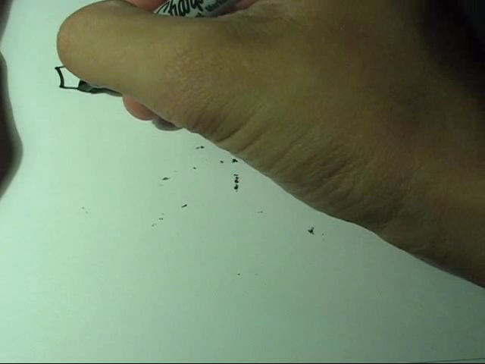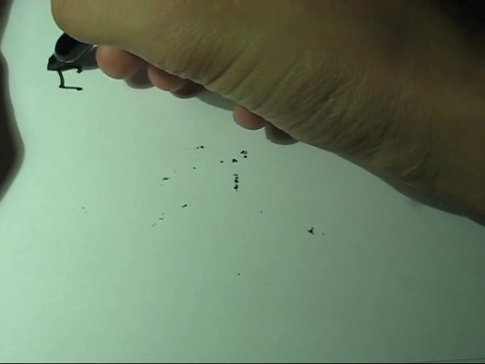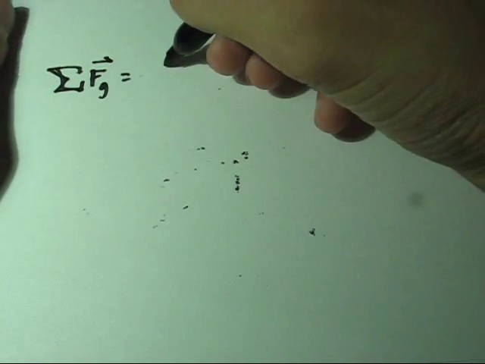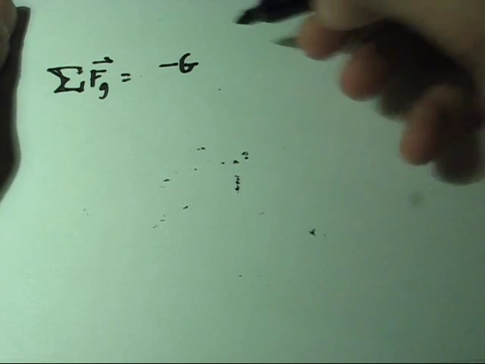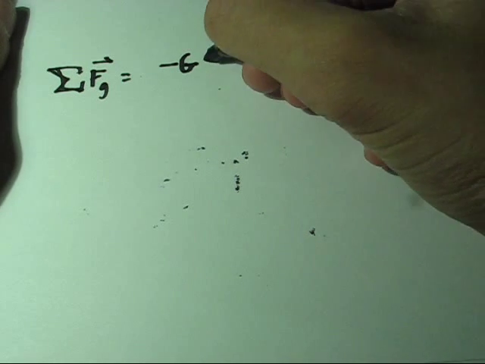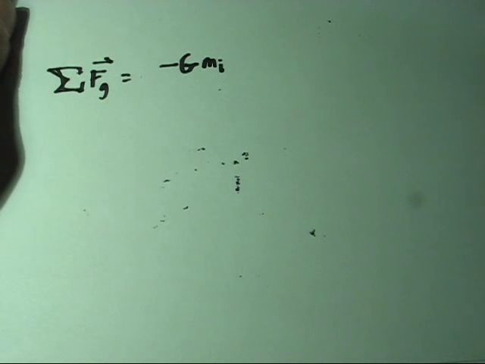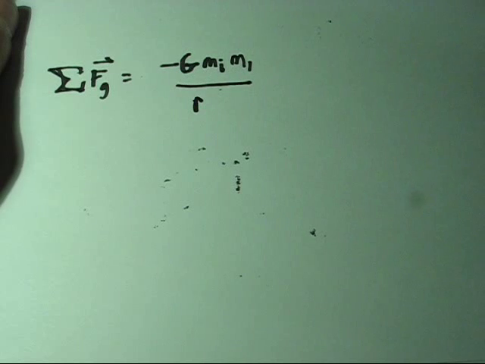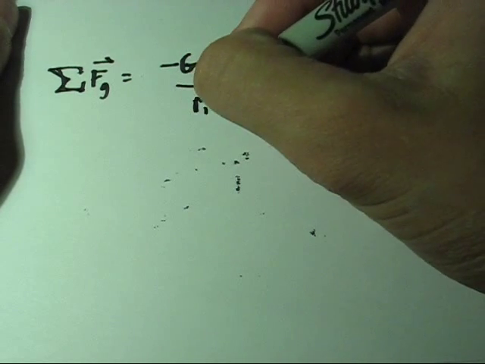When we go to sum forces, sigma Fg, we use this, Newton's big moment. You may have seen this in physics. Minus G, that's the universal gravitational constant, times the mass of the ith body, times the mass of the given object that's attracting it, divided by the distance between them squared, and that'll be represented by r1i.